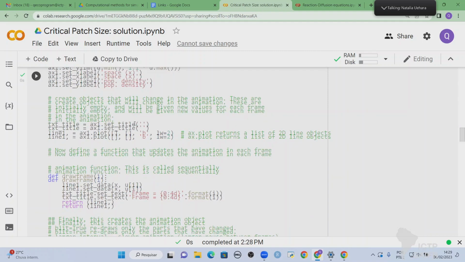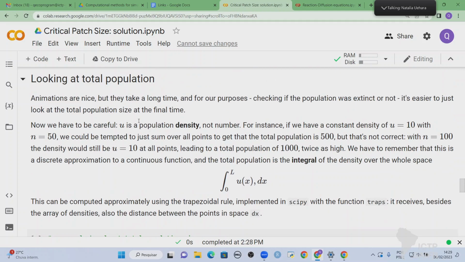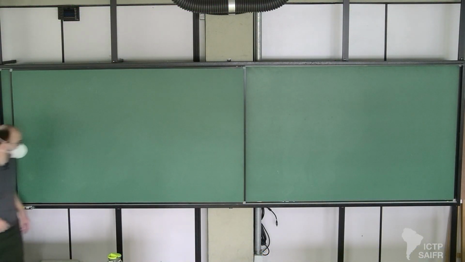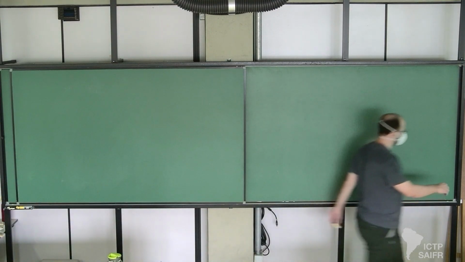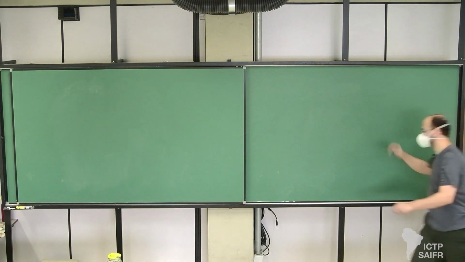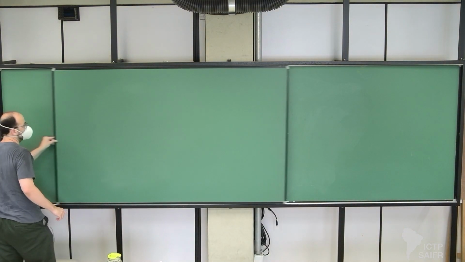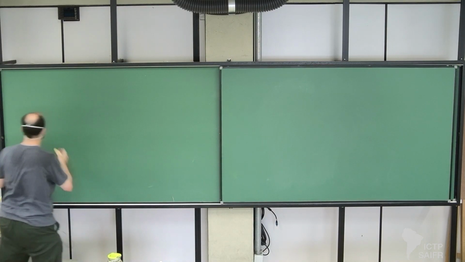That is a little bit different because it takes into account that actually the spacing is relevant, right? So let me show you on the board quickly what I mean by that. We actually want to take the total population of a function that is a continuous function, that is u, okay?